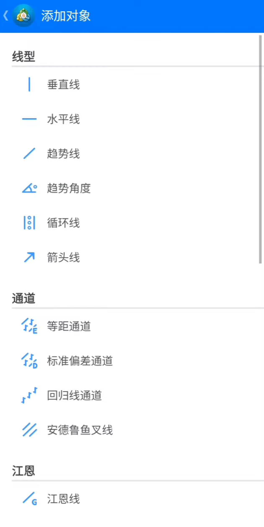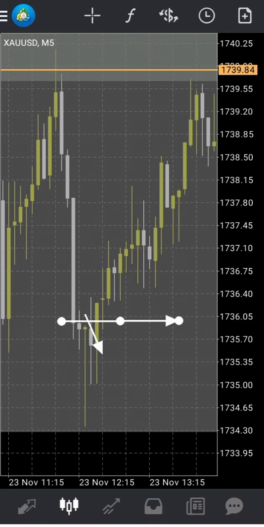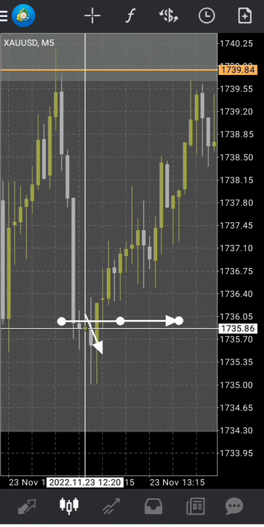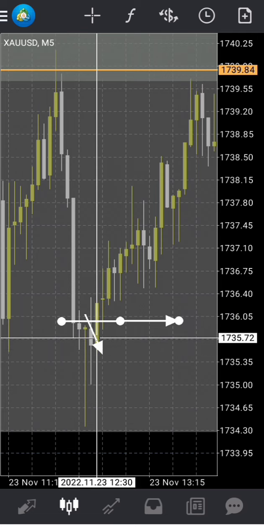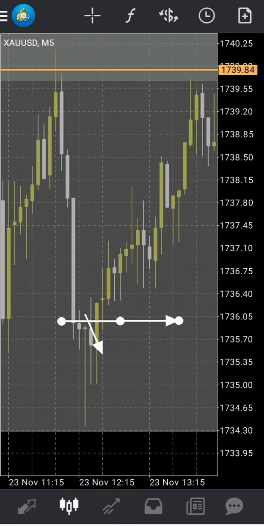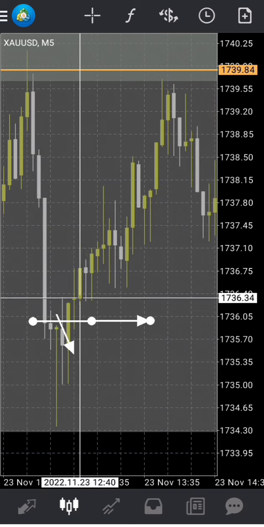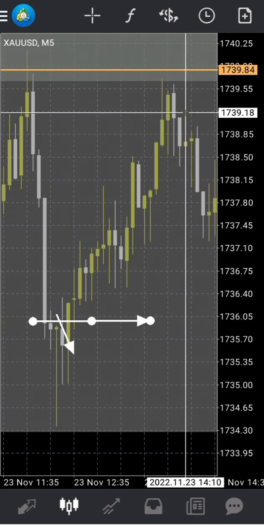Because the last seller power happened here. This is the last drop. So if the buyer can break up the last seller power, meaning buyer has taken over the market. So we can enter when the price retraces back down here, or maybe here you can enter, buy to take some profit.